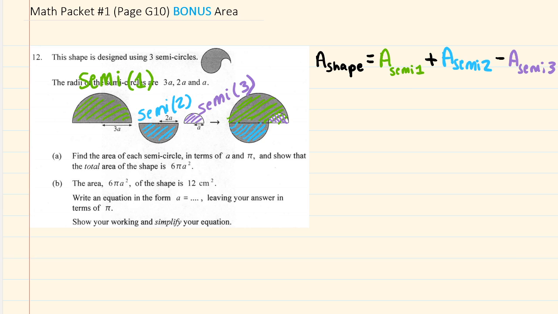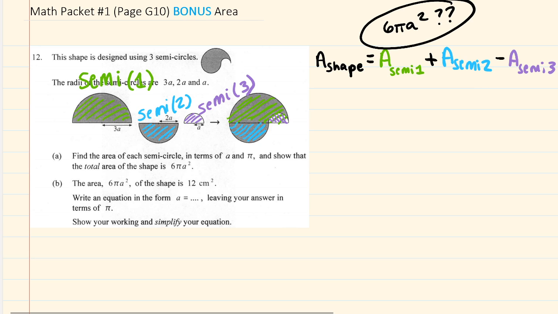Okay, and we want to show, hopefully, that this is 6 pi a squared. So that's our goal right there.